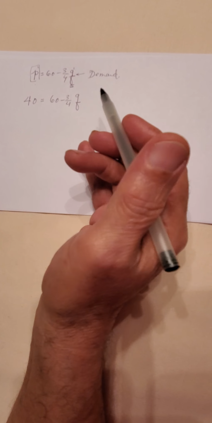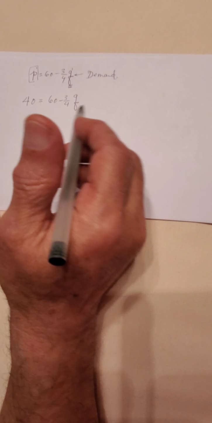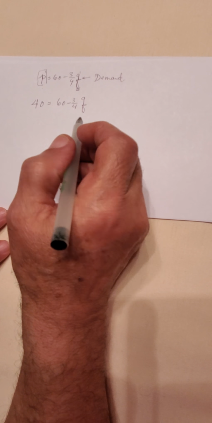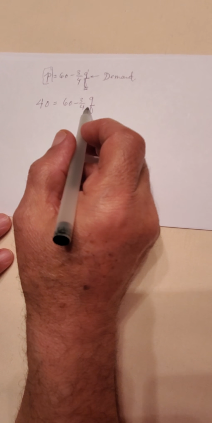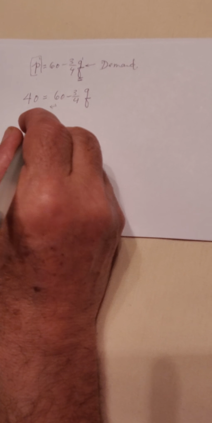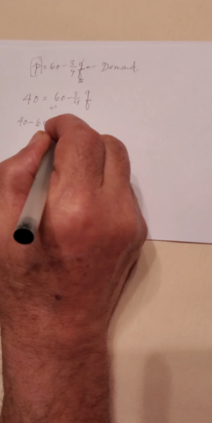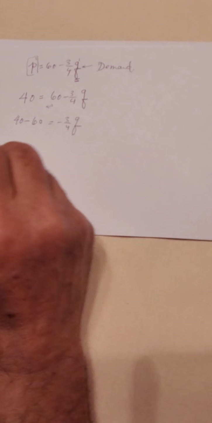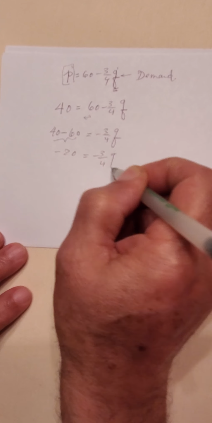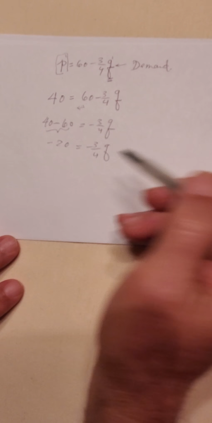This equation, first order linear, is not very difficult. It's simple, but you have to pay attention that you have to isolate Q to find Q. So here what they did is subtract 60 from both sides, or move this 60 to the left side, so it would be 40 minus 60, which is minus 3/4 of Q. And then they multiply both sides by 4, because minus 20 is equal to minus 3/4 of Q. Or simply divide both sides by negative 3/4.